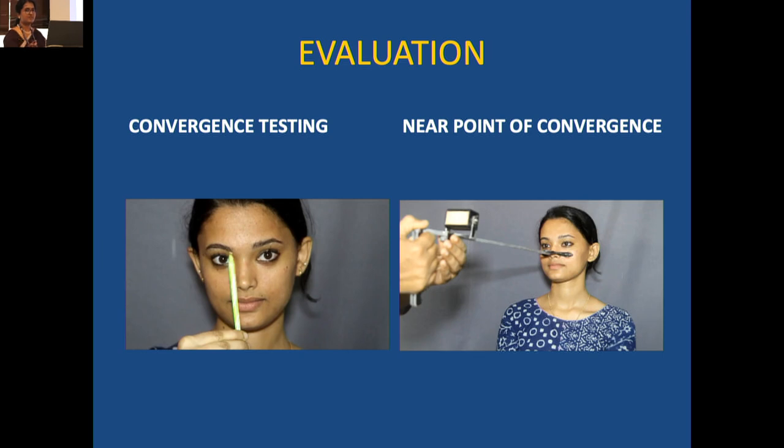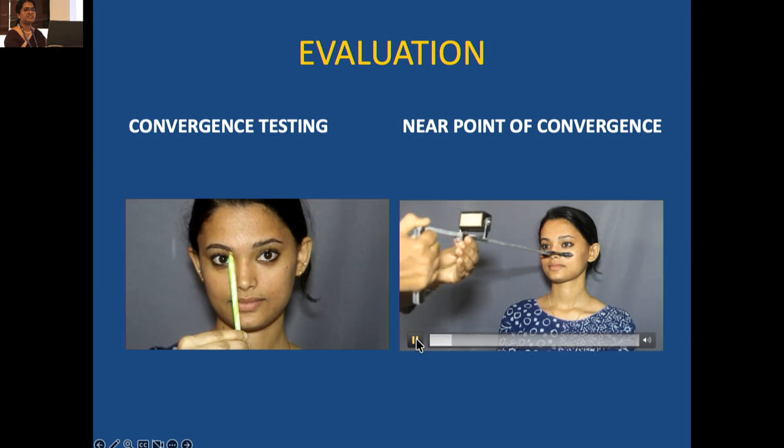At one point, the patient can have diplopia. That point is called the subjective break point, and the point at which you see the eyes deviating is the objective break point. All of us do this in our OPD, and it is a test for convergence.